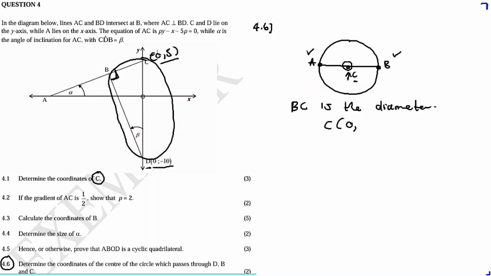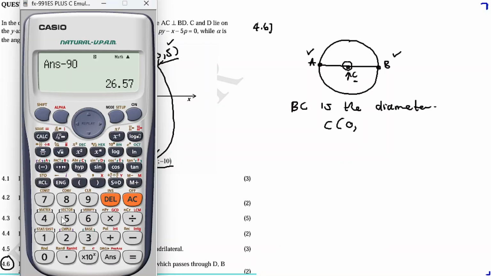How do I know? 0 plus 0 divided by 2 is 0. 5 plus minus 10, that's minus 5. 5 plus minus 10 divided by 2.